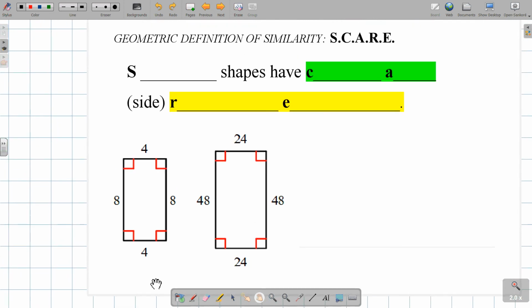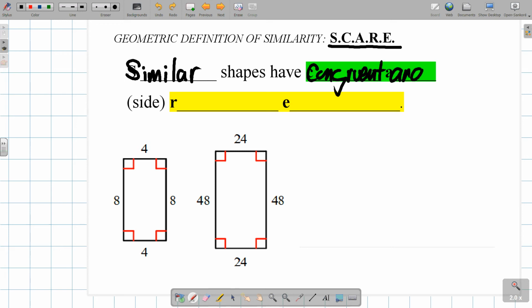And there's a technical geometric name of similarity, and that has the acronym STAIR. Go ahead and fill that out.